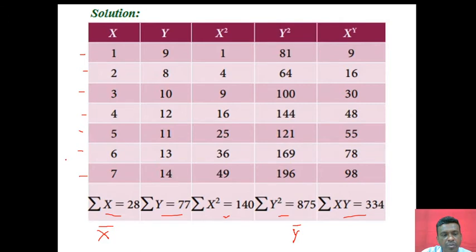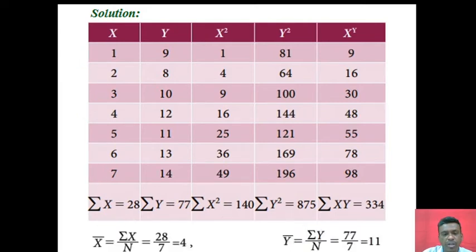So n equal to 7 in this case, right? So use that value, n equal to 7 here. So you have got x bar equal to summation x upon n, which is equal to 28 upon 7. 28 comes from here, and n equal to 7 I have told you. So 7 ones are 7, 7 fours are 28, you will get x bar equal to 4.